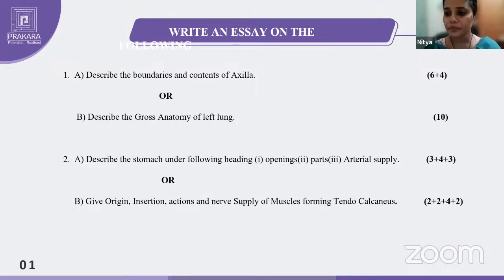Write relevant answers. Write in bullet points. Underline the keywords. Or you can use 2 different colors to underline the heading, or you can just underline the main keyword for that particular answer.